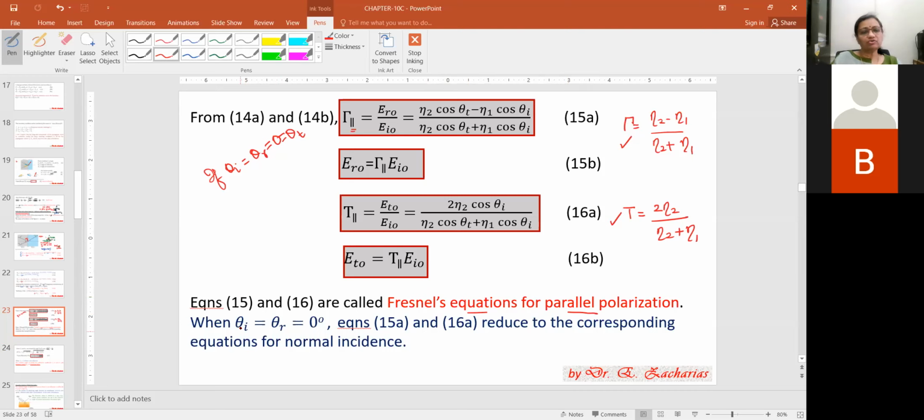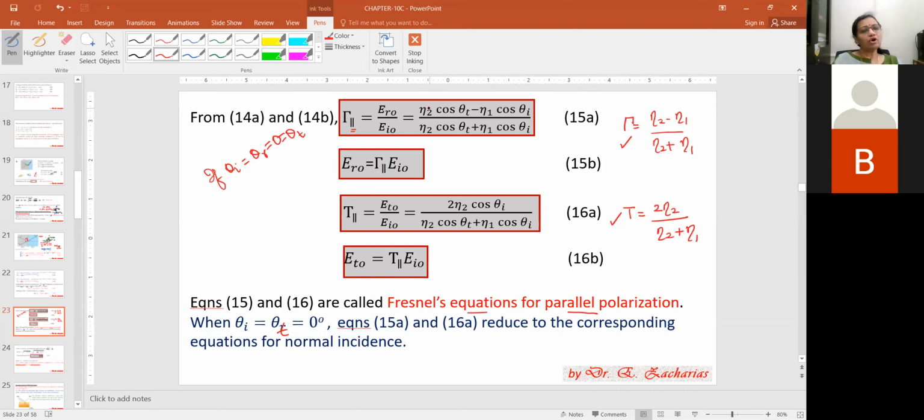Look at this. I have asked you to set theta I equal to theta T equal to 0. If you do that, equations 15A and 16 will reduce simply to your known equations for normal incidence. And I will tell you a shortcut to remember this.